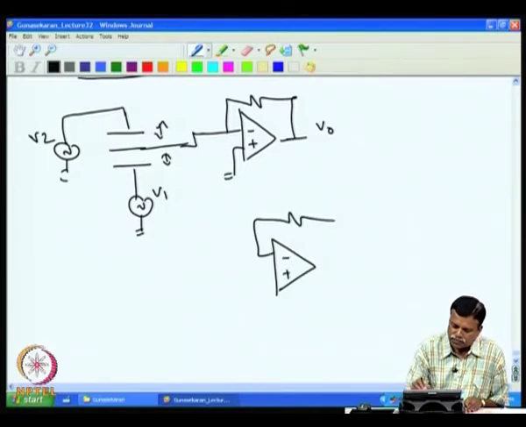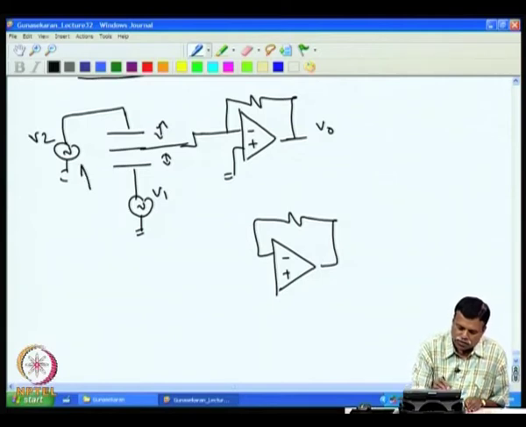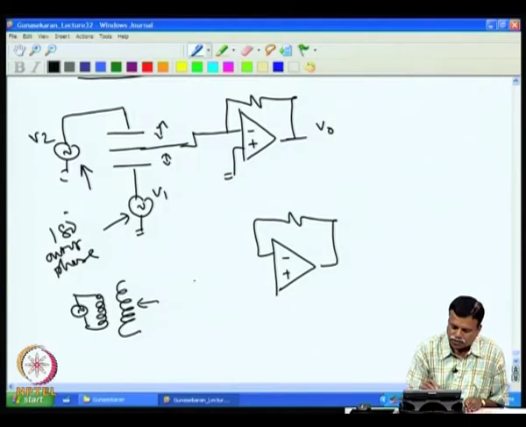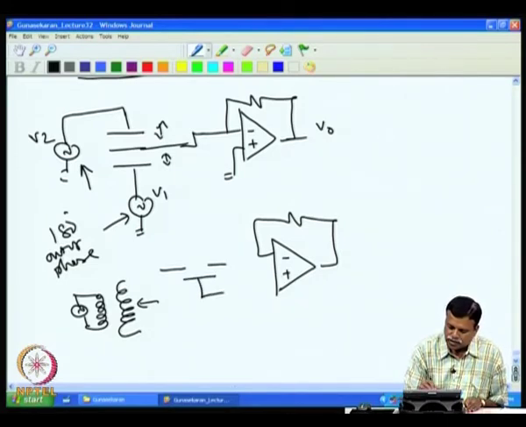Instead of these two sources being 180 degrees out of phase, the same thing can be achieved with a transformer. You can have a center tap transformer which gives more accurate 180 degree out of phase voltage. So, I can have 2 plates excited by this and the center plate connected to this amplifier.